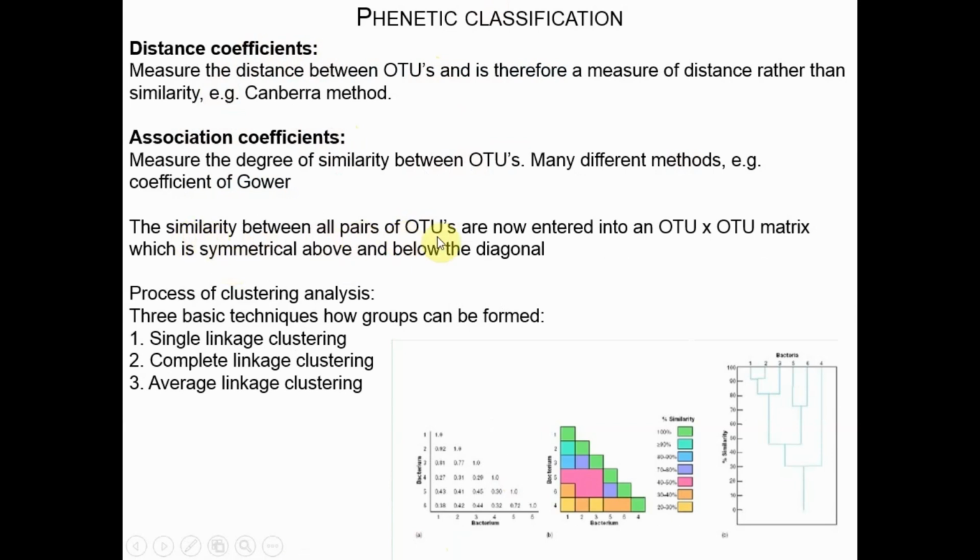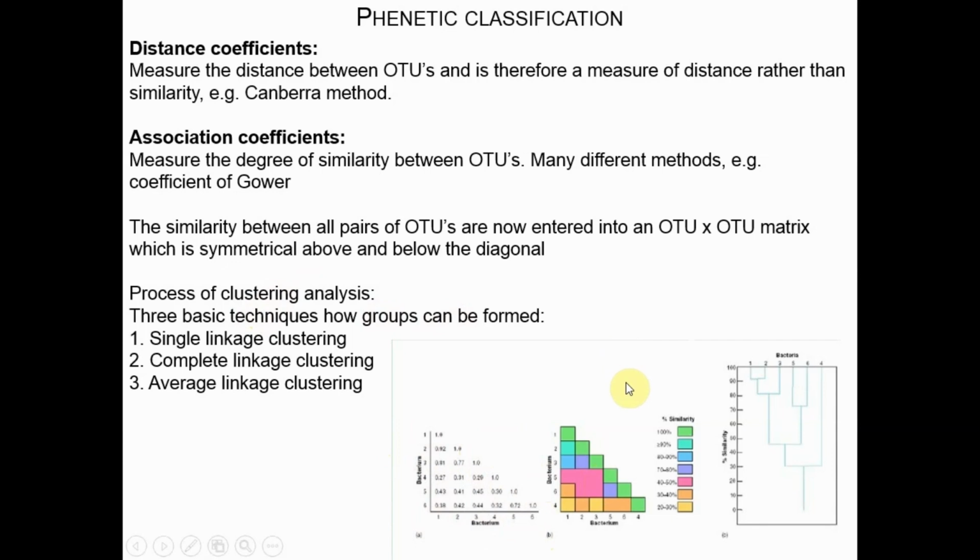The similarity between all the pairs of the OTUs are now entered into an OTU by OTU matrix. This OTU matrix is normally a symmetrical matrix, and you can see that we can then compare all the pairs of the OTUs using this matrix.